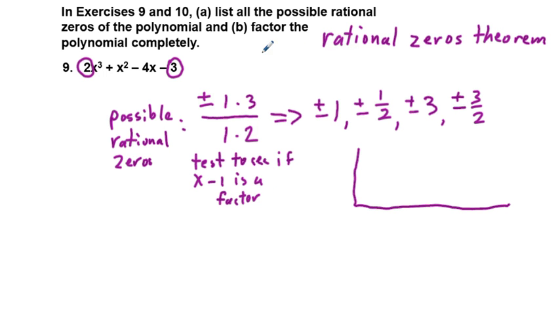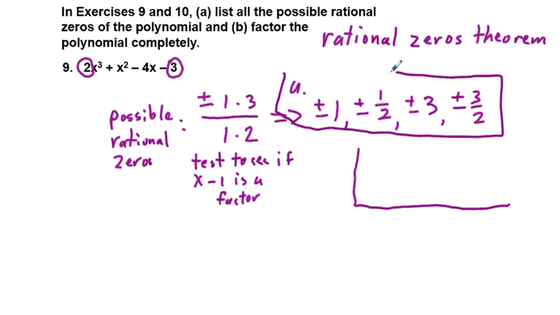Because in factoring, well, we're in part B. This is part A up here. We've already answered part A. These are the possible rational zeros right here, 8 of them.